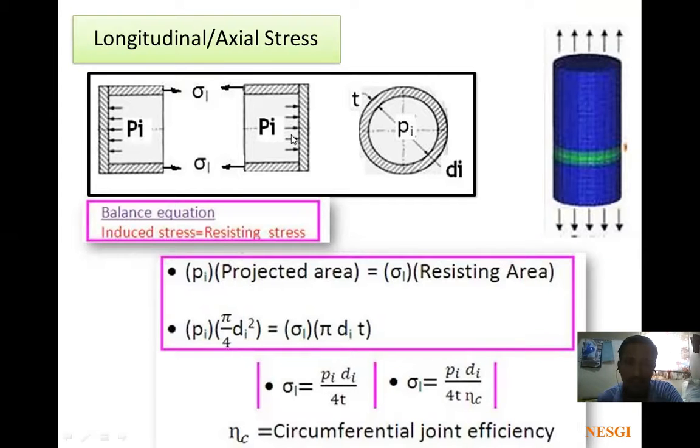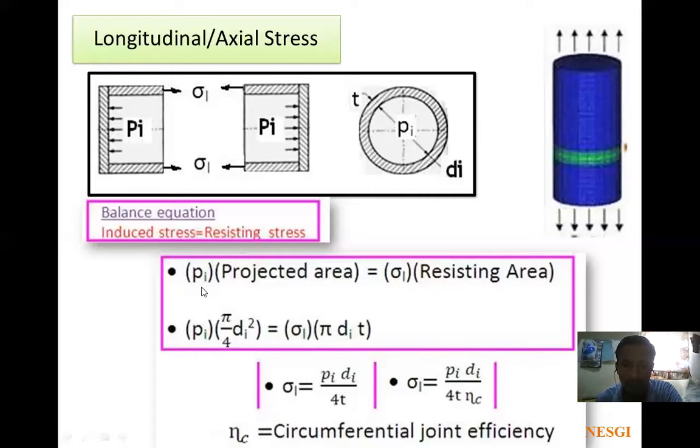If the cylinder is closed, then only this longitudinal stress is going to act. Otherwise there will not be any longitudinal stress because there is no resistance for the pressure. If there is no resistance, no stress will be induced. So only in closed cylinders will sigma L be induced.